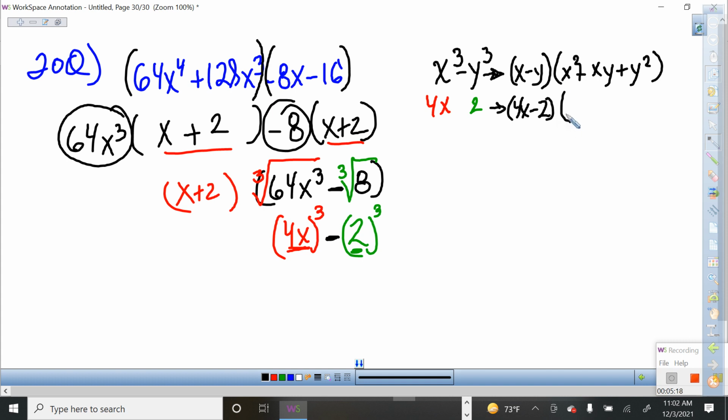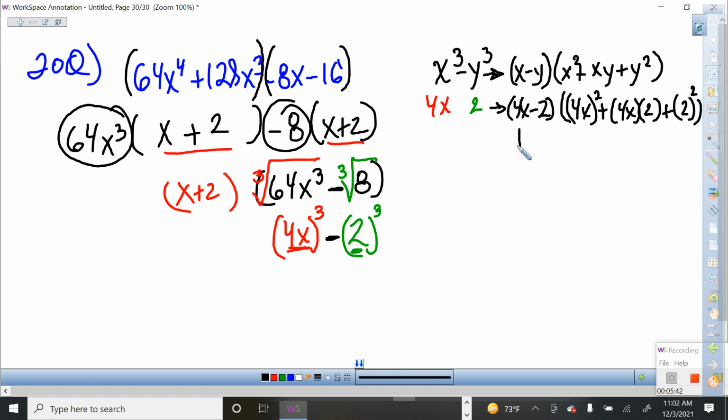What else? Instead of x squared, what do I write? 4x squared plus x times y, 4x times 2, plus y squared, which is 2 squared.